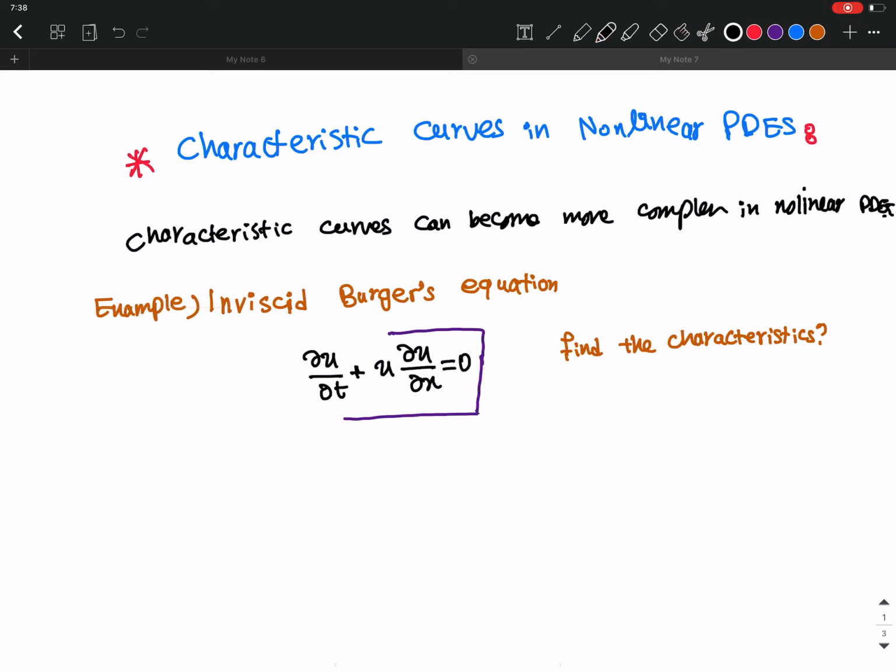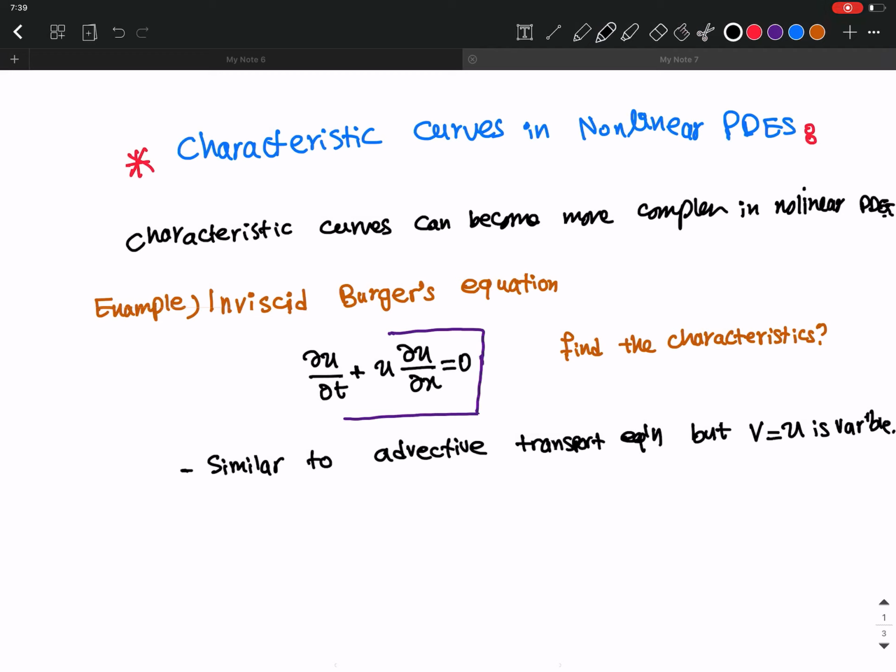So I want to mention some notes before starting to solve this equation and finding characteristics. So one thing that you can see here is that this is similar to what equation? Advective transport equation that we talked about, right? At the beginning of the course. So similar to advective transport equation, but v equals to u here is variable.